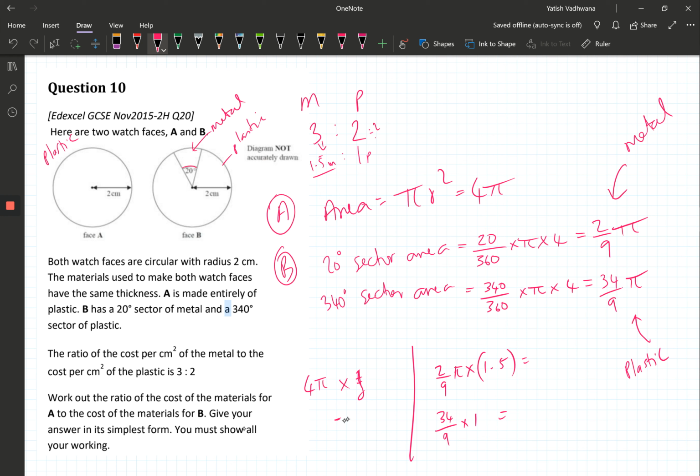So that's just going to stay as 4 pi. And then this is going to cost 2 divided by 9 times 1.5, which is 1/3 pi. And then 34 divided by 9, it's not going to simplify, so it's just 34 over 9 pi.